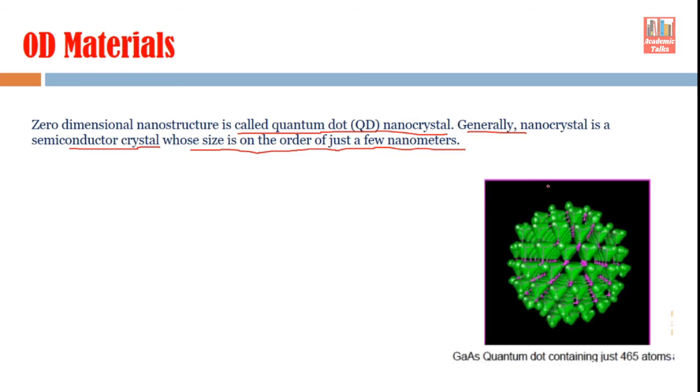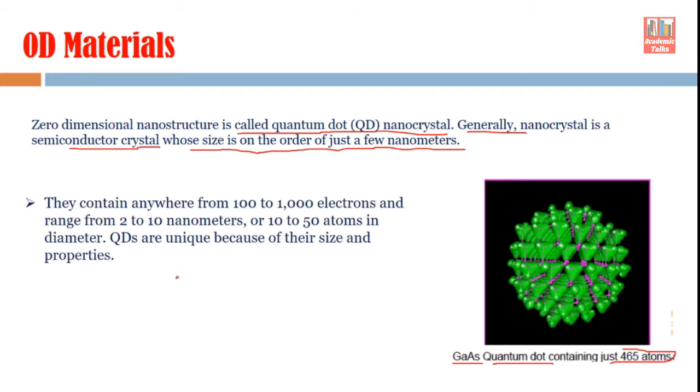So here you can see one example. This is an example of one nanocrystal, or you can say a 0 dimensional structure. This is of gallium arsenide material, and it is known as a quantum dot because 3D confinement is there, and it contains just 465 atoms, right.